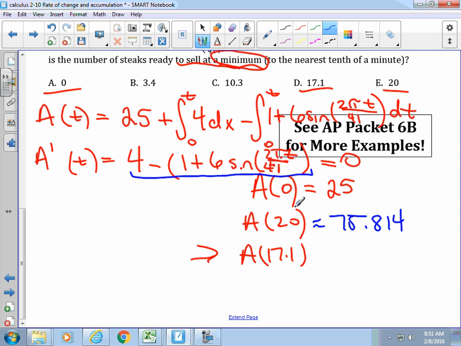Because I want A of 20, not A prime of 20. I hope that A prime of 17.1 would be 0, or close to it, 0.1. Now, on normal problems, I would not want to round the 17.1, but for this particular problem, multiple choice, it's not as big of an issue as open response.